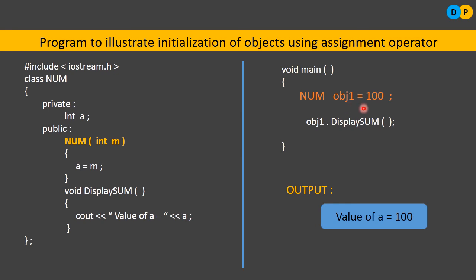Object 1 is equal to 100, so the object's data member will be initialized with the value 100. Later, object 1 dot display sum function will display the value of the data member A. So value of A is equal to 100. This is how the third method of invoking the parameterized constructor operates.